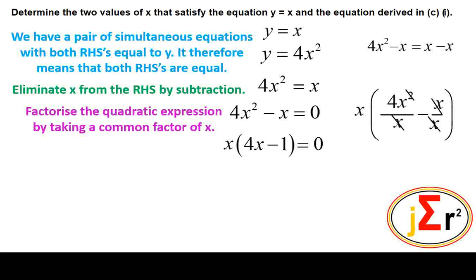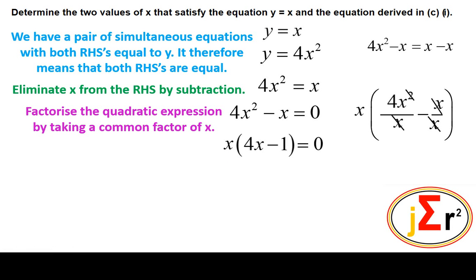And by the principle of factorization, we know that if we have the product of two terms, two expressions, two numbers, and that product is equated to 0, one or the other or both numbers must be equal to 0.